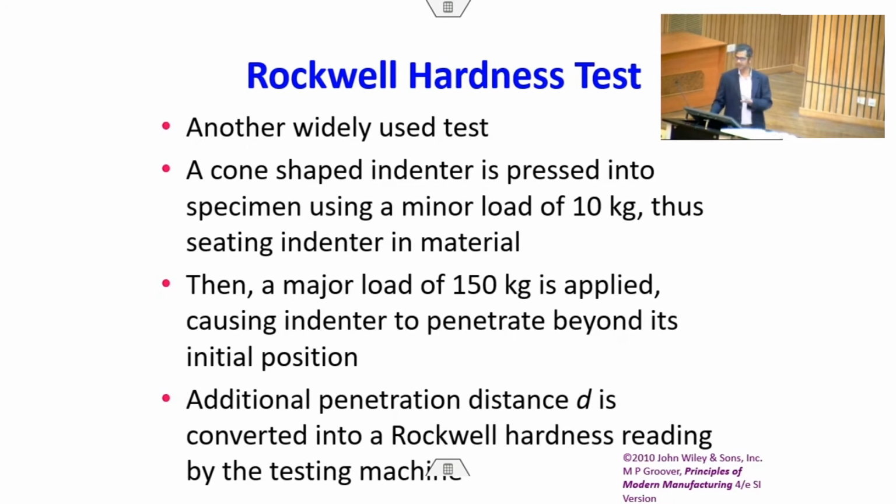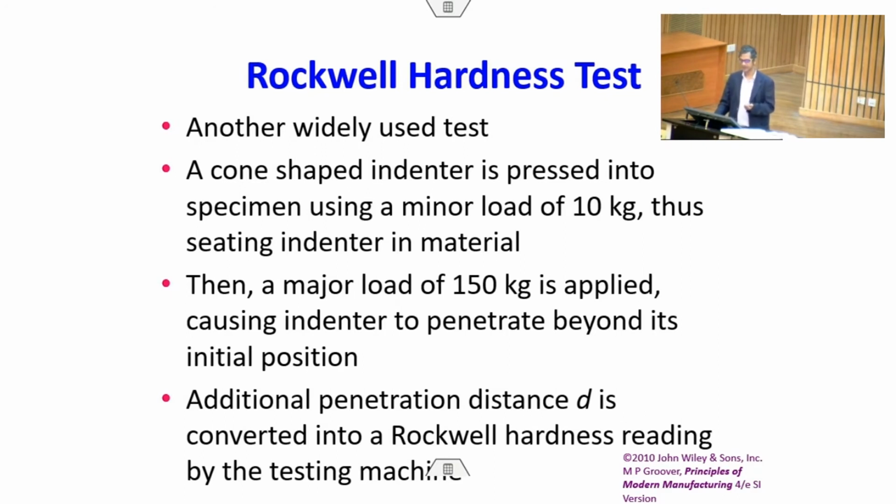Rockwell hardness testing does not measure area, it basically measures depth. A cone shaped indenter is placed on the specimen using a minor load of 10 kilograms or even less, and then you can apply a higher load like 150 kilograms if you want to cause the indenter to penetrate beyond a certain position. It depends on the hardness of the material also.